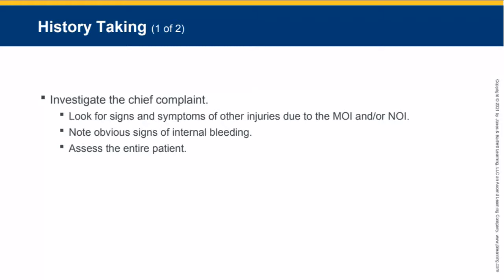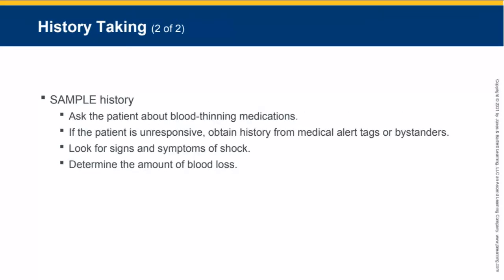Assess the entire patient. You will obtain your SAMPLE history, and in the signs and symptoms of your SAMPLE, you will obtain your OPQRST as necessary. In the SAMPLE history, ask the patient about blood thinners or blood thinning medications.